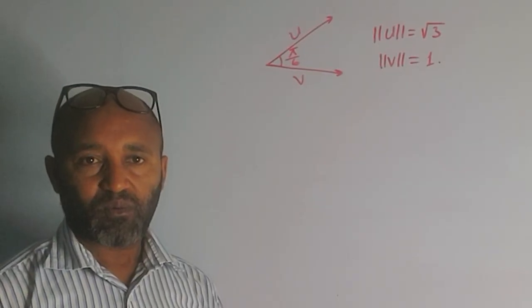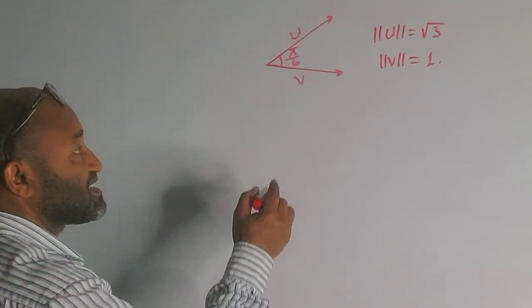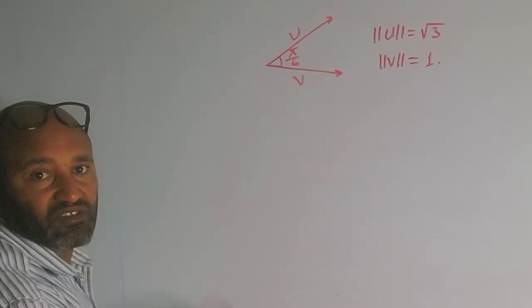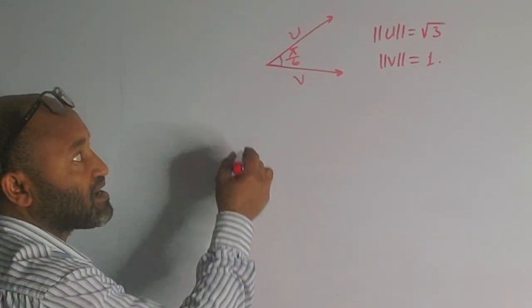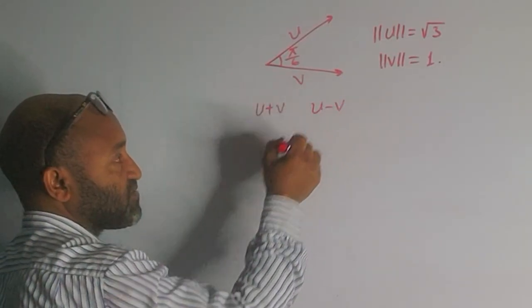Now, what the problem says, find the angle between the sum and the difference of the two vectors. The angle between the vector u plus v and u minus v.